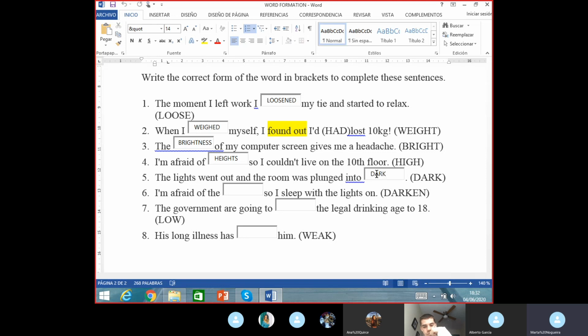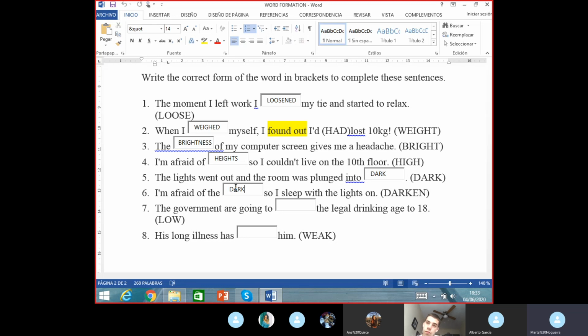Plunge into is a metaphorical use. Se sumergió en la oscuridad, something like that. Okay. 6, I'm afraid of the dark. Okay, this is the same, dark or darkness. So I sleep with the lights on.